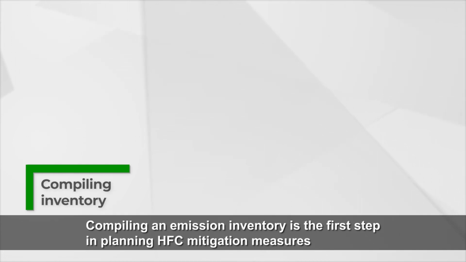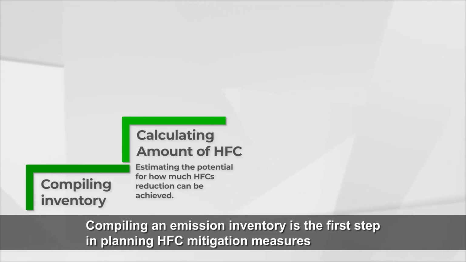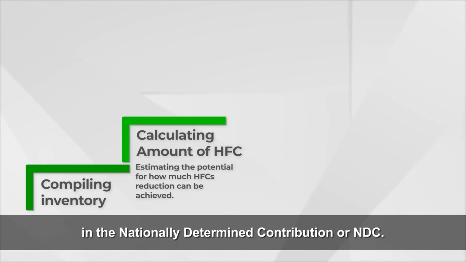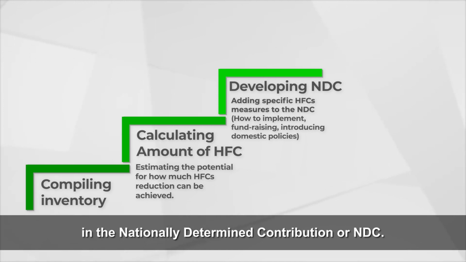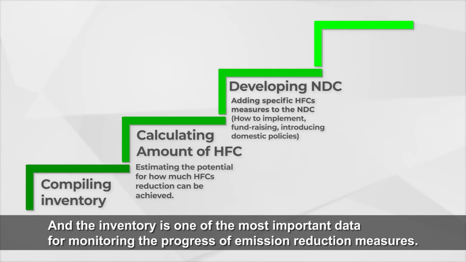Compiling an emission inventory is a first step in planning HFC mitigation measures in the Nationally Determined Contribution, or NDC. And the inventory is one of the most important data for monitoring the progress of emission reduction measures.